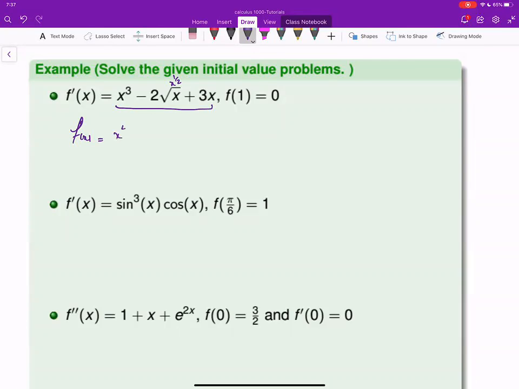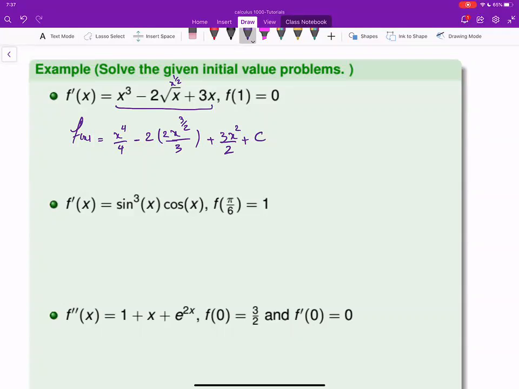This is x to the power 4 over 4 minus 2 times x to the power 3 over 2 over 3 over 2, which if I invert that, will be 2 over 3, plus 3 times x squared over 2, that's the antiderivative of 3x, plus c.